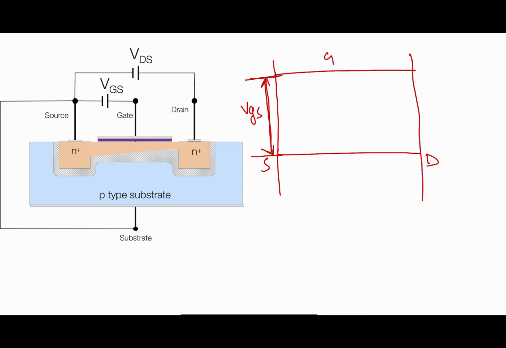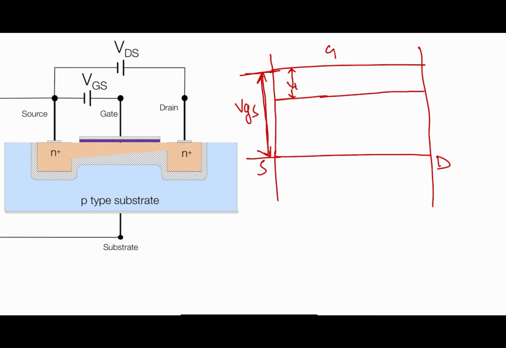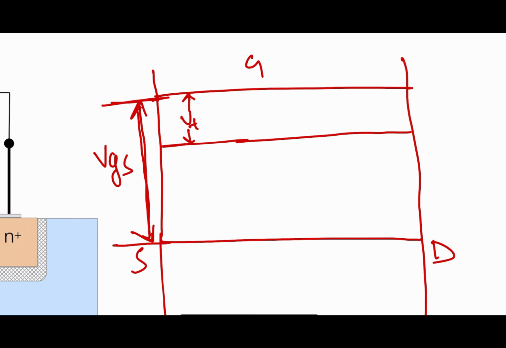You already know, right? VT is the threshold voltage such that the channel can be created. So I think VT is this much. This voltage is VT, and this will be VGS. So this will be V overdrive. Why?